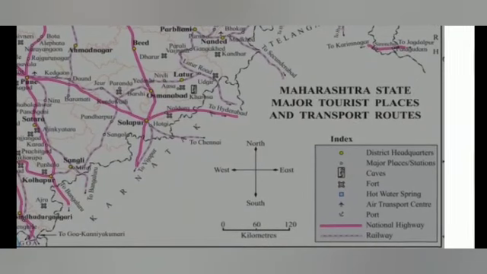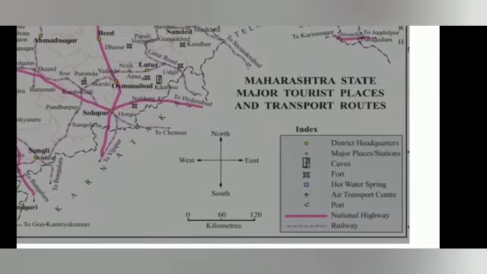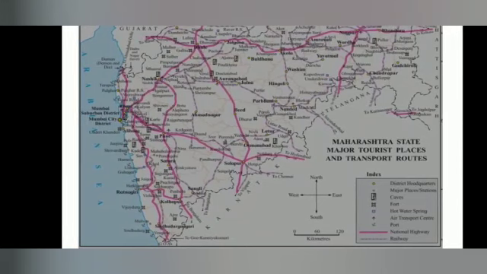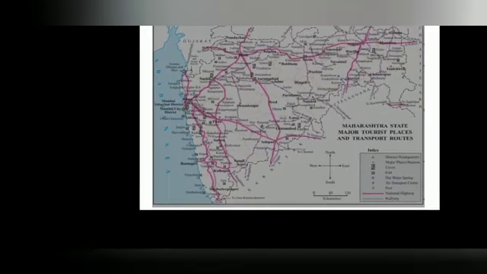District headquarters are shown with a yellow dot. Major places or stations are shown in white color. Caves have different symbols and the forts also have different symbols. National highways and railways are also shown using different lines. The colors of the lines are different.